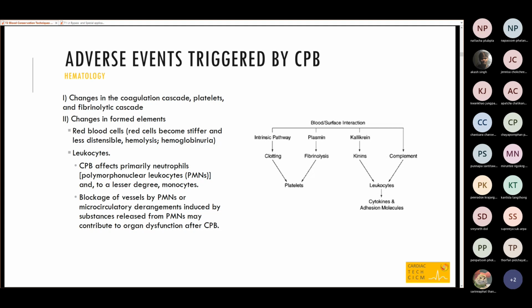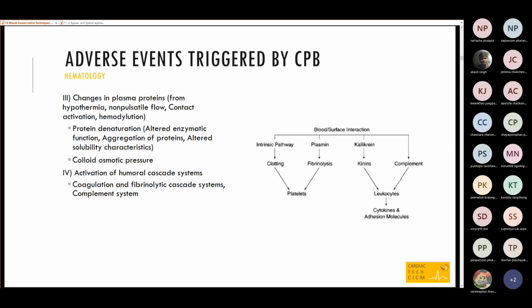To focus on this, it's gonna change the coagulation pathway, platelet function, and so on. Also, the red blood cells, white blood cells, and many cells change due to the procedure.